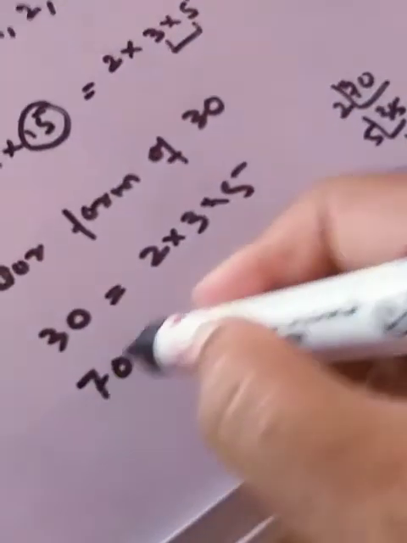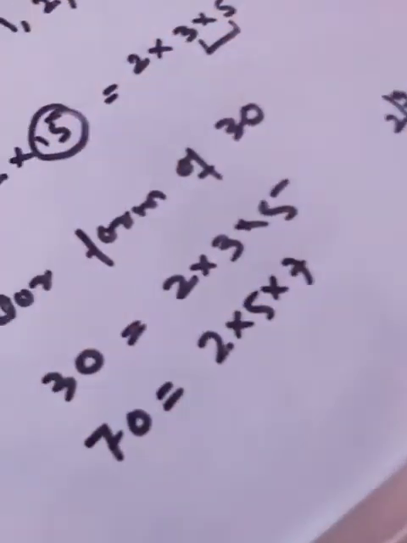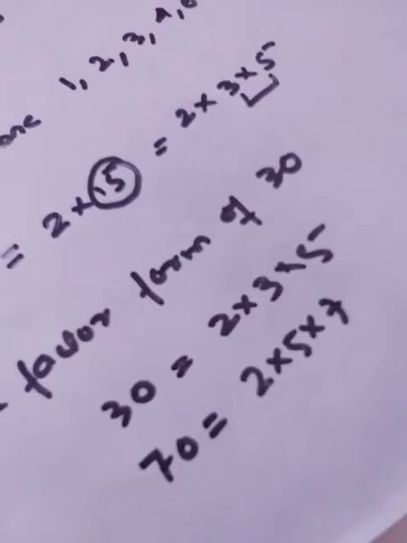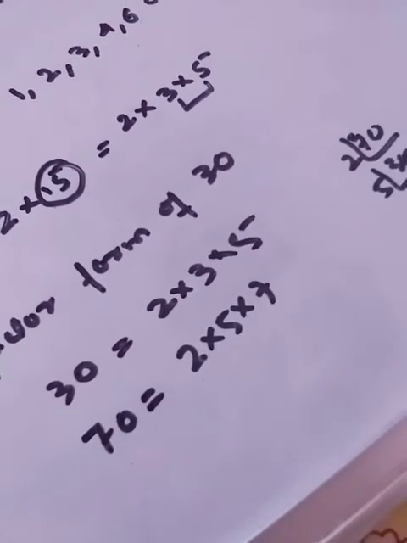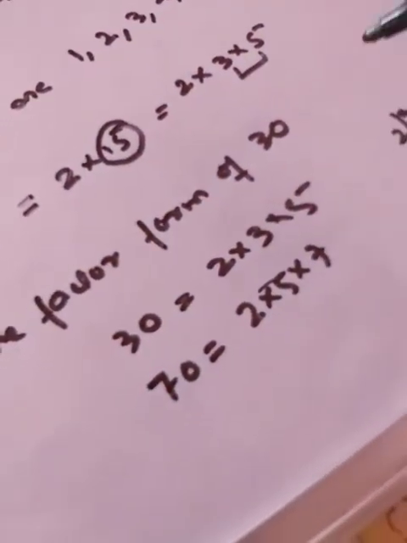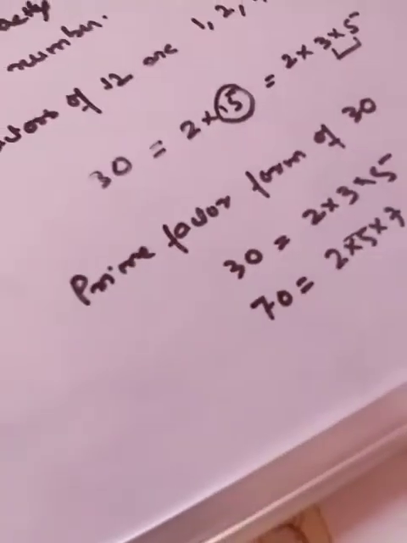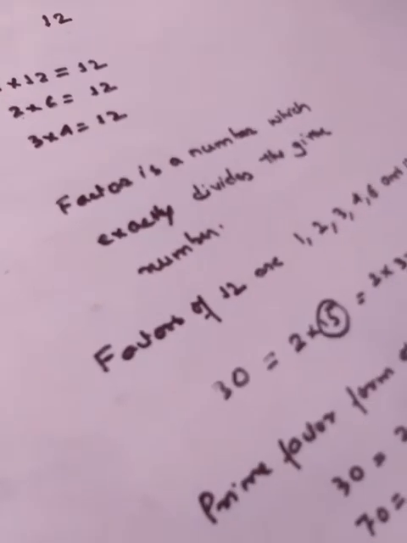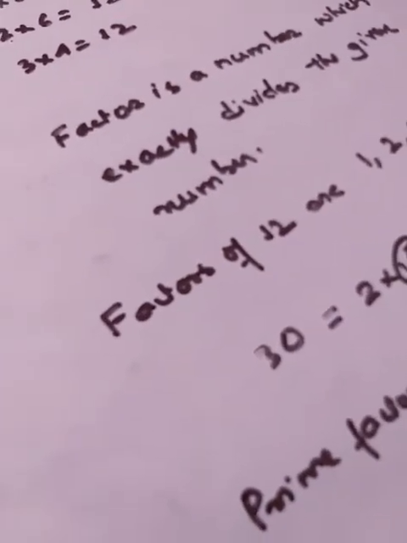So what is the prime factor form of 70? That is 2 into 5 into 7. So the prime factor form is a form where you will find that all the numbers are prime factors. Similarly, we can express an algebraic expression also as a product of its prime factors. So today we'll understand how to find the prime factor form of an algebraic expression.